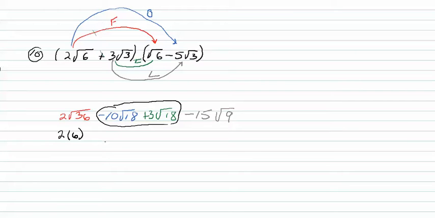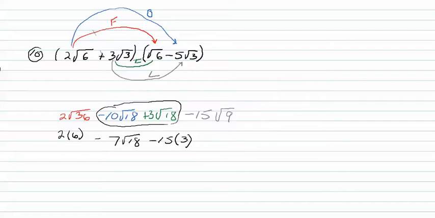So I have a negative 7 radical 18. And then I have a negative 15, and I'm going to multiply it with the square root of 9, which is 3. Okay, so I'm at that point.